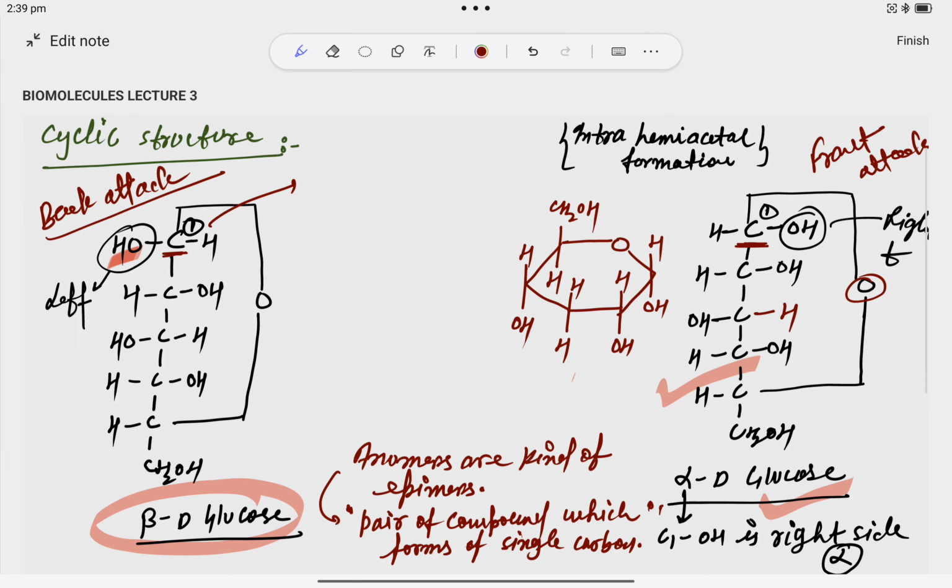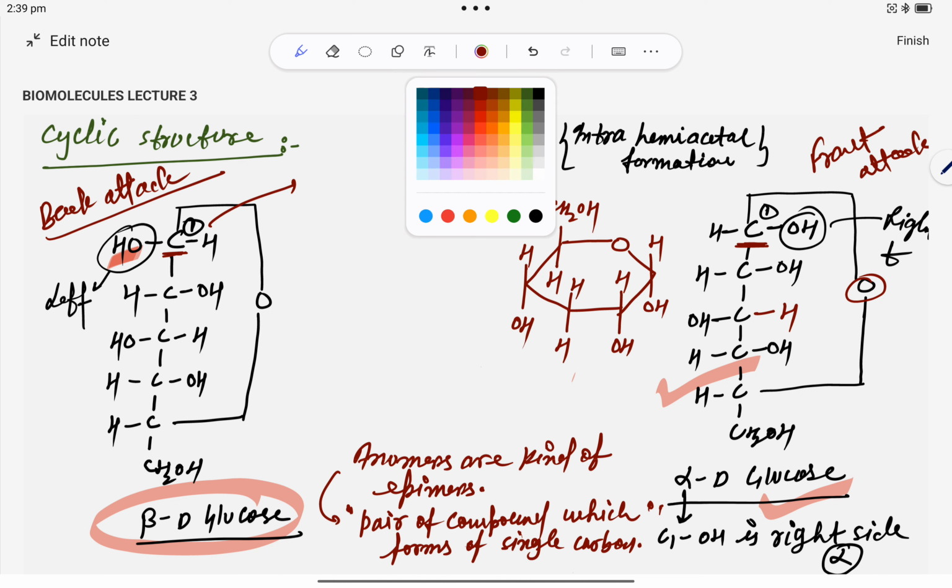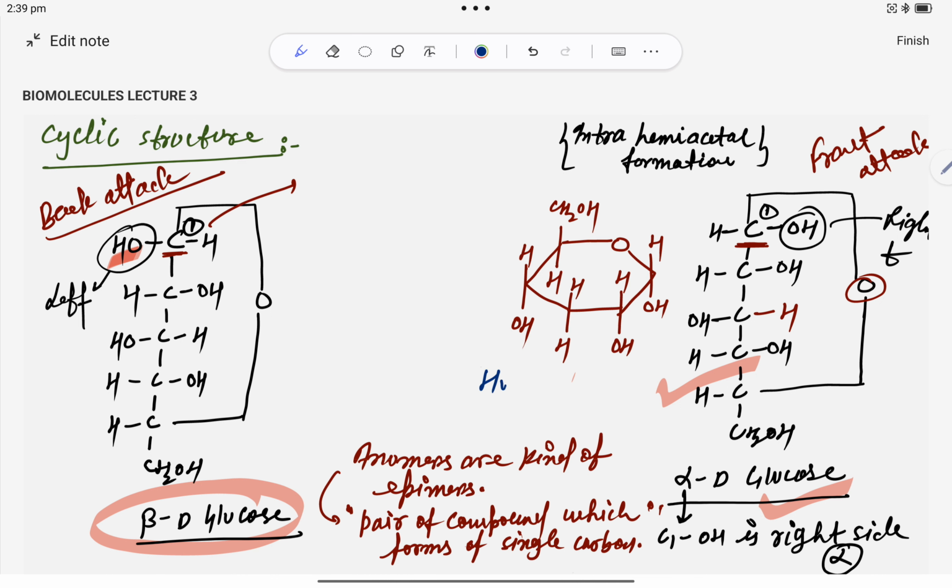It is called the Haworth structure of glucose. Check it. It's called the Haworth structure. Haworth representation.